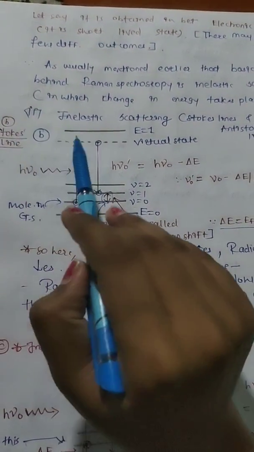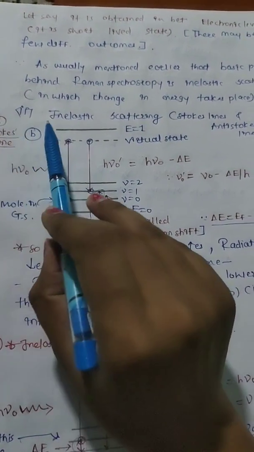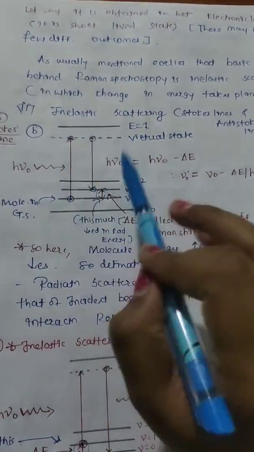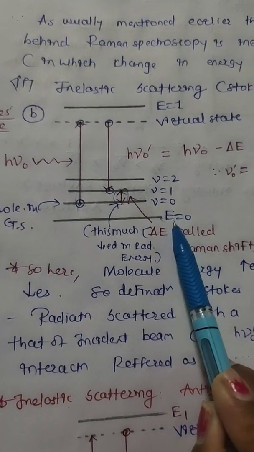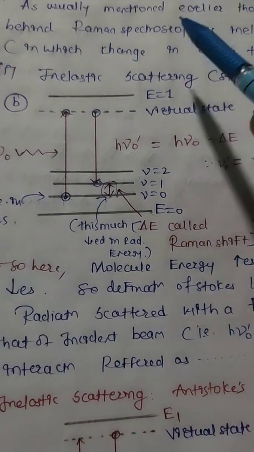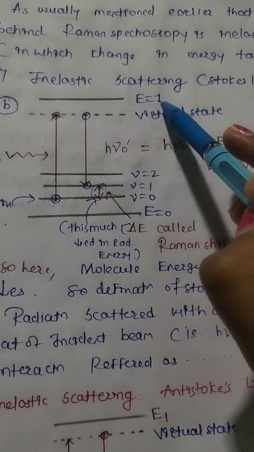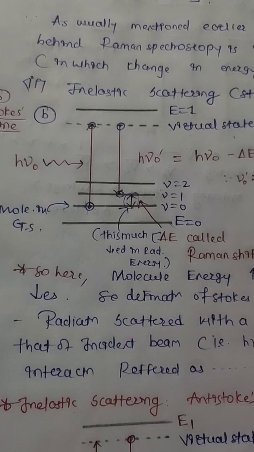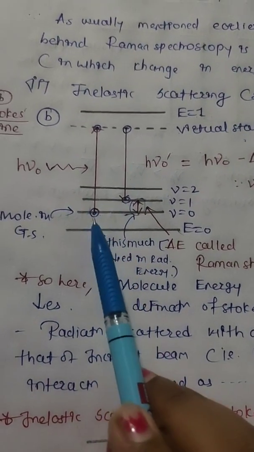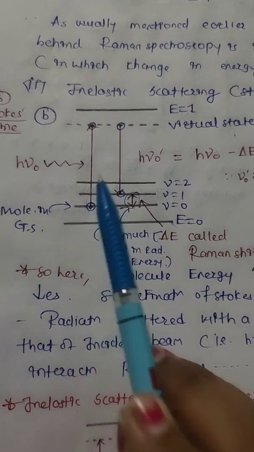First we'll study how the Stokes lines appear using this diagram. Just concentrate here. This is your ground state electronic level, this is your first excited state electronic level, and this is the virtual state.